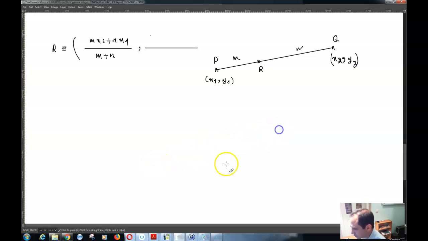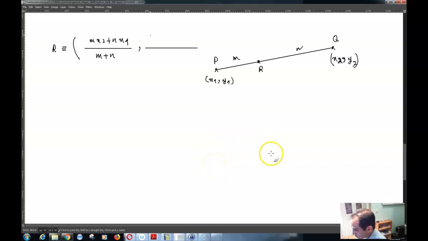So if I extend this line segment, I will get this point over here. Let's suppose that AC to CB is equal to 3:1. The ratio of AC to CB or BC is equal to 3:1.